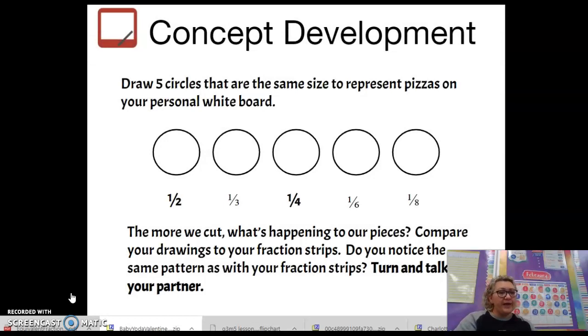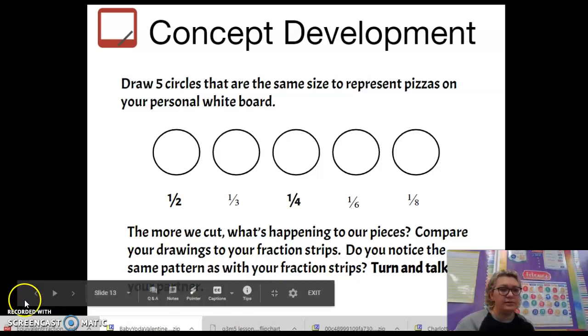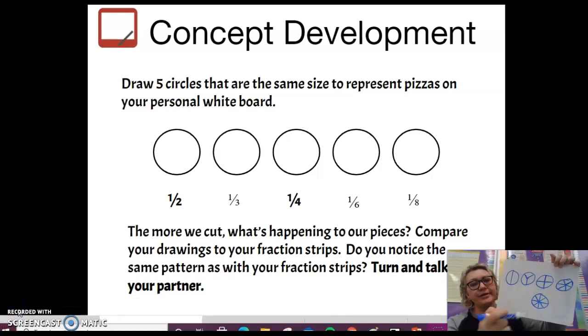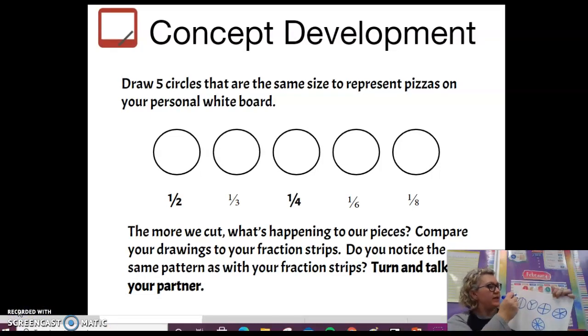So now let's draw 5 circles that are the same size to represent pizzas on your whiteboard. So we're drawing 5 circles, and then we're going to cut them into 1/2, 1/3, 1/4, 1/6, and 1/8. All right. Mrs. Inch drew her circles, and I'm going to shade in 1/2.